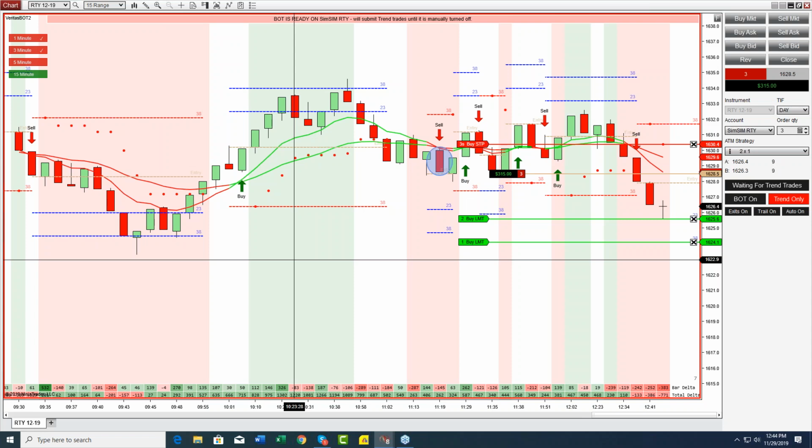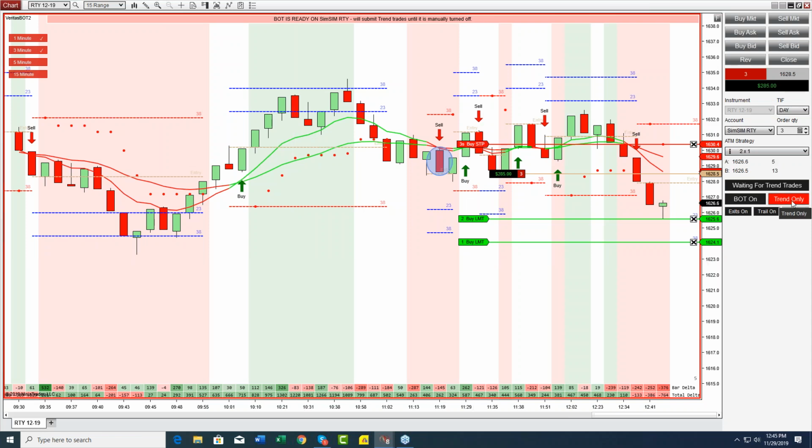In this particular instance, I'm trading a 15 range chart. You'll notice that the default is set to trend only here. So it's trading in the direction of these two time frames over here on the left.